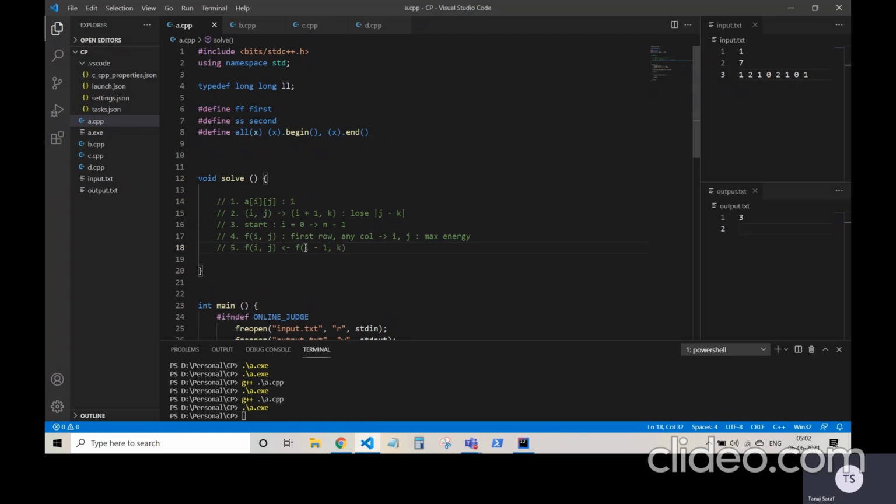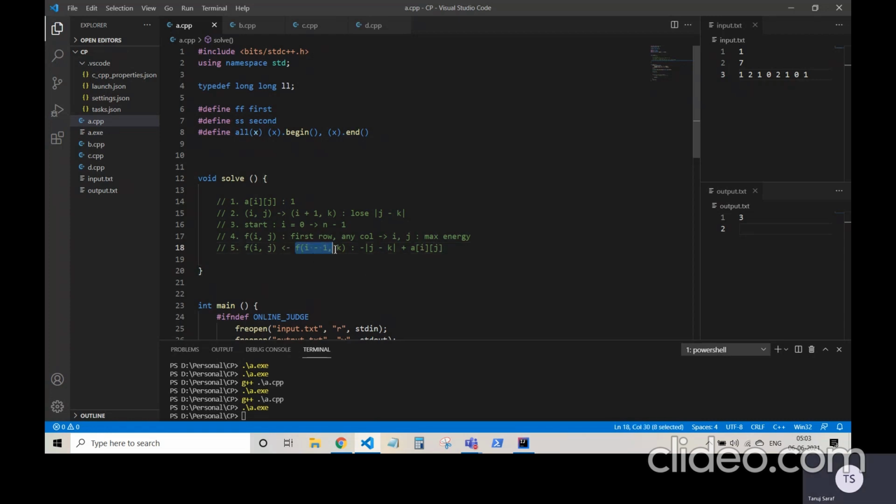So let's say that I came from the (i-1, k)th position to the (i, j)th position, right? And in doing so, I lost |j - k| energy. This is the amount of energy that I lose. And at the same time, coming to the (i, j)th position, I gain a[i][j] amount of energy, right?